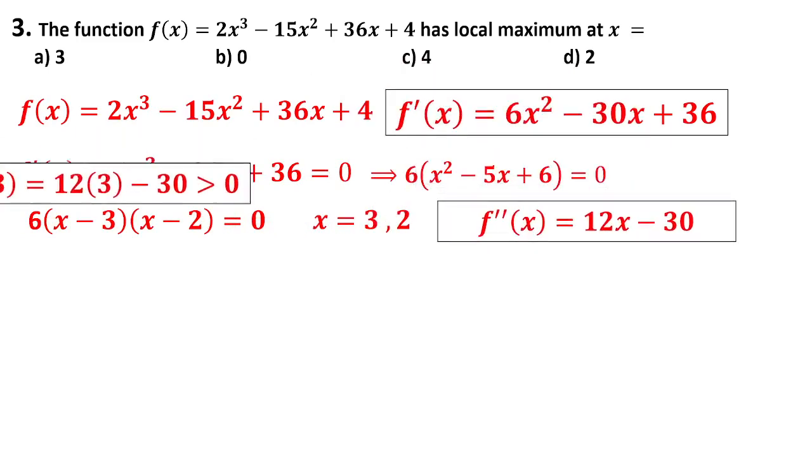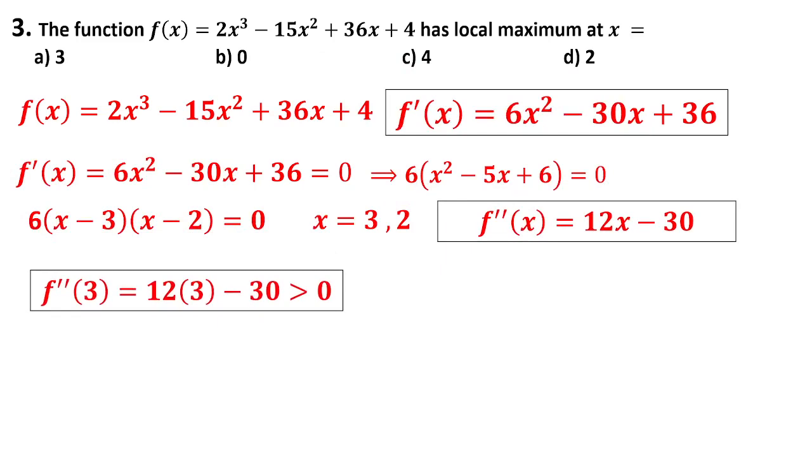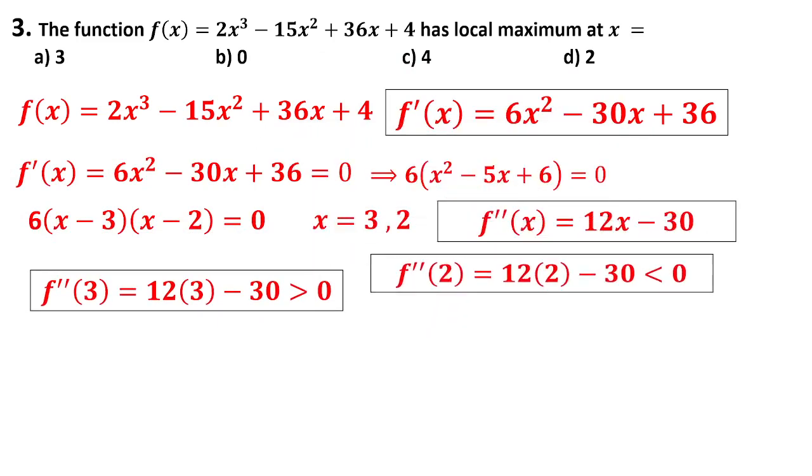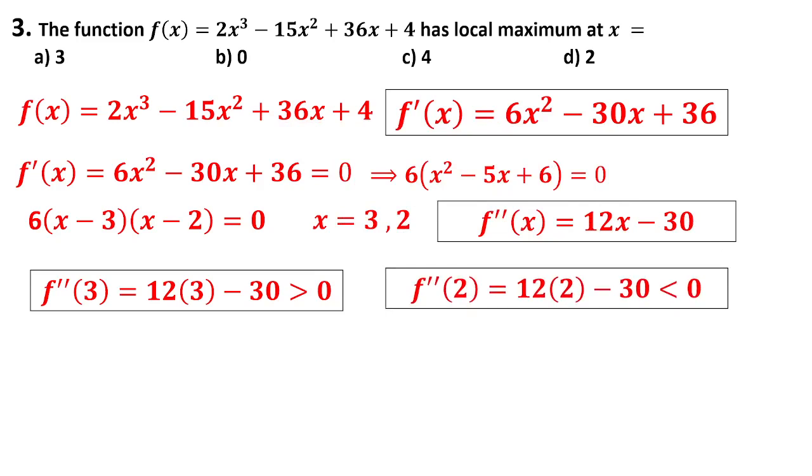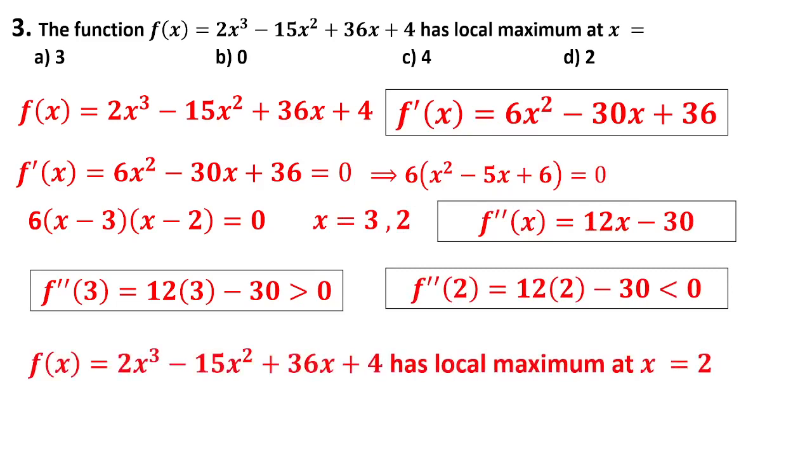We have to check that f dash of 3 is greater than 0 and f dash of 2 is less than 0. All of you know that based on the nature of the second derivative, we can check maxima or minima. Therefore, f of x has a local maximum at x is equal to 2 because f double dash of 2 is less than 0. Therefore, option D is correct.